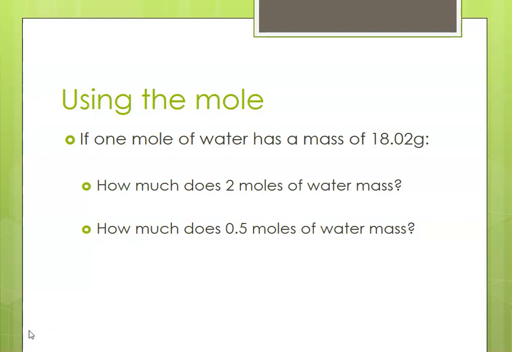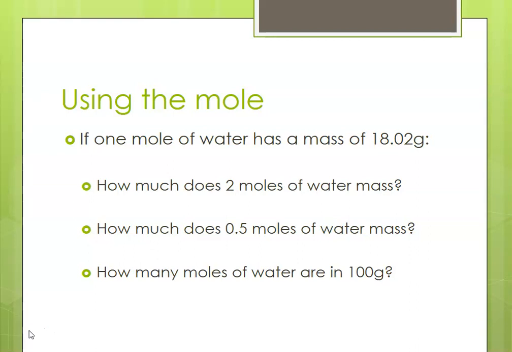Let's hope so. And then the final question comes down to a question like this. If we know that 1 mole of water has a mass of 18.02 grams, if we have 100 grams of water, how many moles would be present in there? Well, we can start off by working that out fairly roughly.